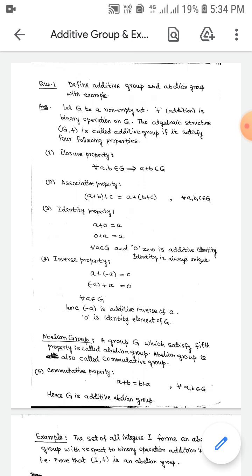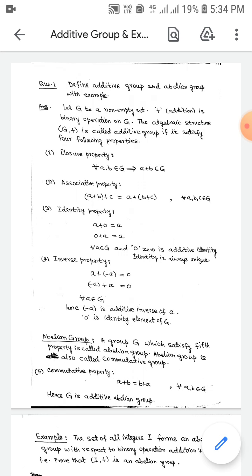Here the inverse of A is minus A, and inverse is also unique, meaning for number A there is only one inverse, minus A. So when these 4 properties are satisfied, it is called an additive group.